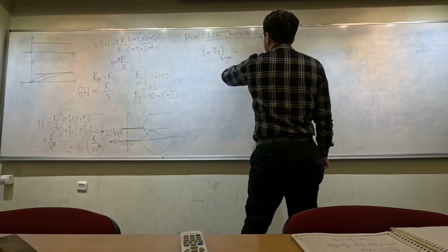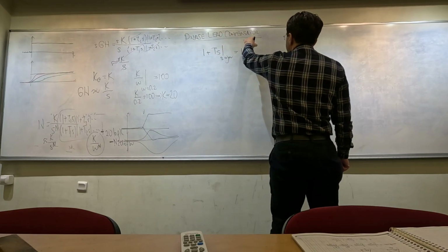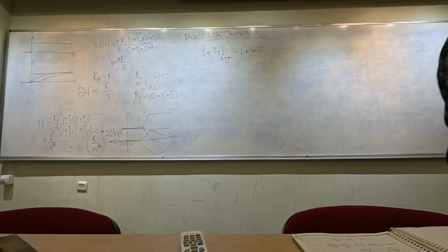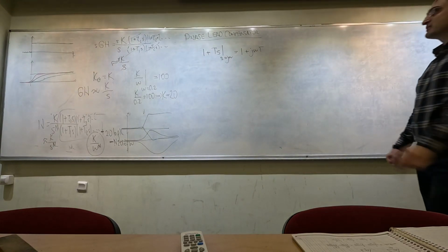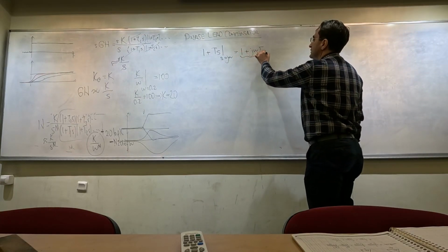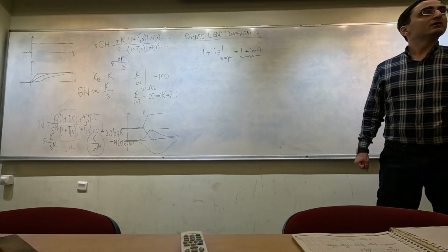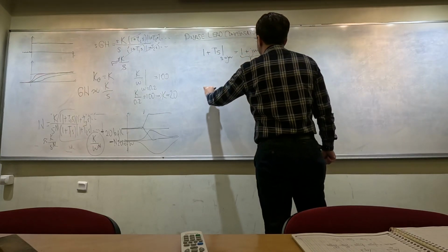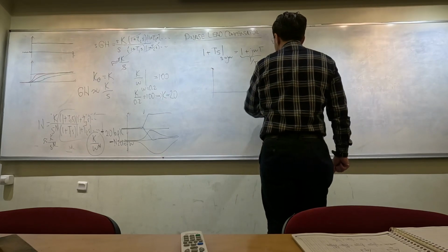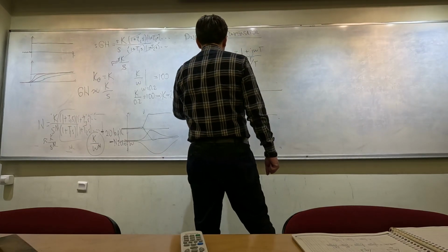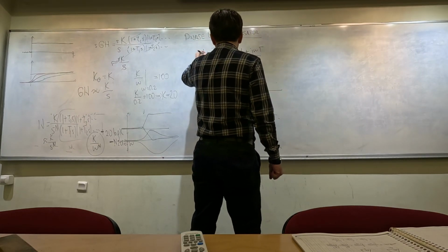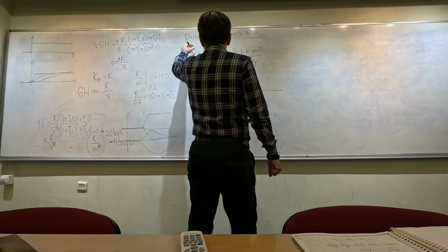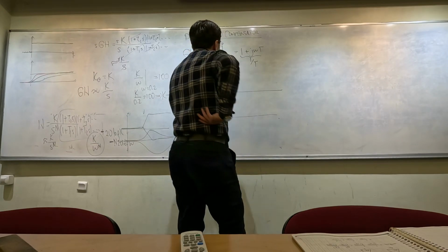When I look at the frequency response of a PD controller, I am going to get the following: 1 plus j omega T. So this is a first order type of term. And where is the corner frequency of this thing? Corner frequency is at 1 over T. So when I look at its Bode plot, I am going to see the following. I have the magnitude, this is my Gc(s) evaluated at s equals j omega.